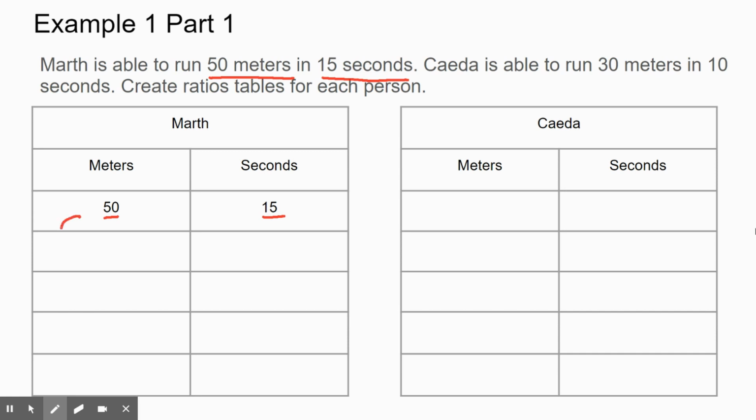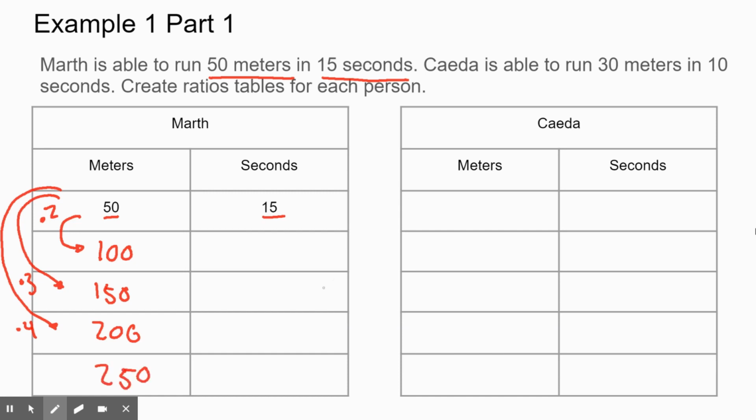After that, we are going to just fill in the rest of this. The easiest way to make a ratio table is to start by multiplying by 2, and then by 3, and then by 4. I think you get the idea. And the last one would, of course, be by 5.